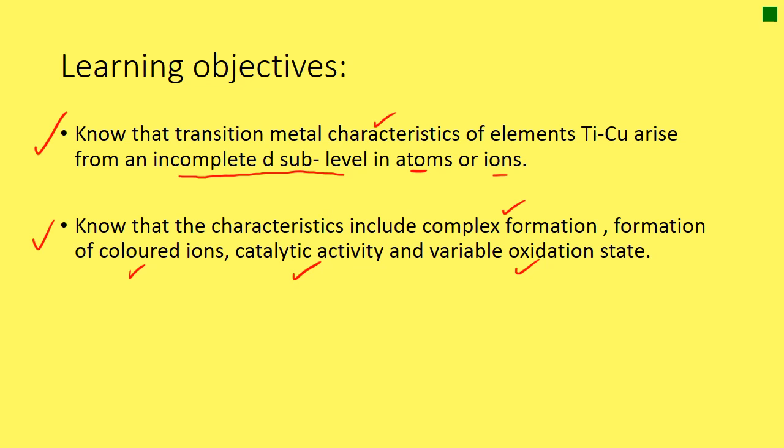And those characteristics are, they form complexes, like that iron 3+ hydrated complex ion, hydrated with 6 water molecules. They form coloured ions. We saw that Fe2+ was pale green and Fe3+ was yellow. Catalytic activity we're already familiar with, and variable oxidation states. We've done that too. So we can give ourselves a big tick on both of those learning objectives.